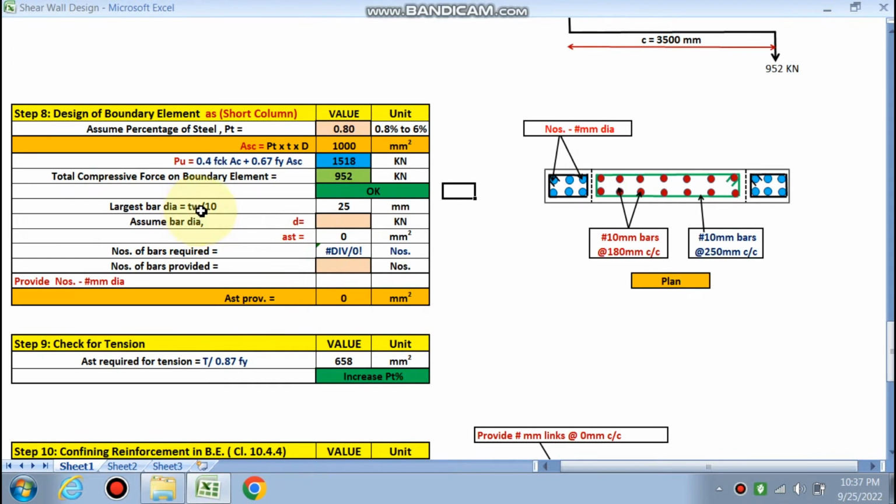Now the largest dia of the bar, TW by, this is the TW is 250 divided by 10 is 25, right? Assume bar dia. So if you are assuming 16 mm, so 4.98 is required. If you choose 6 numbers of bar, so 6 number of bar 16 mm dia is to be provided in this boundary element. So AST provided is 1206.